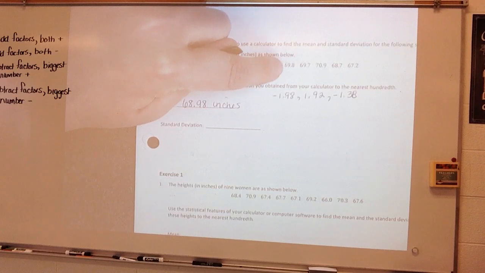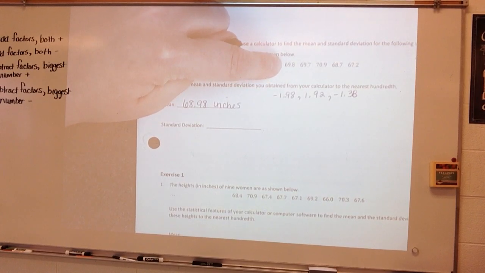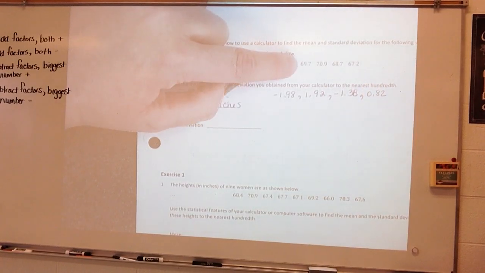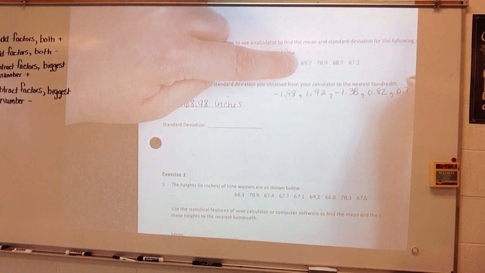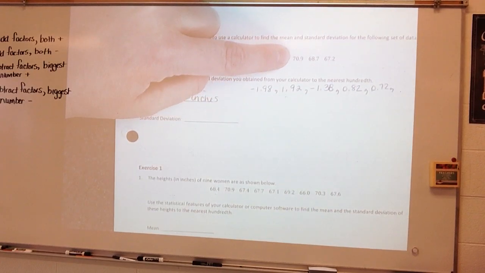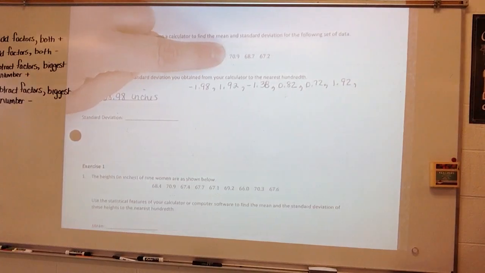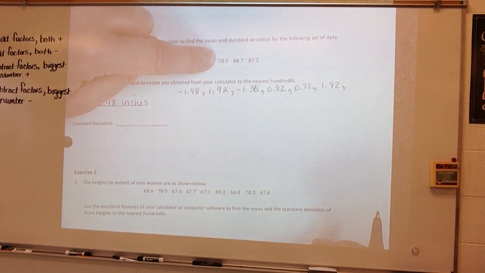So 69.8 minus 68.98 would be 0.82. 69.7 minus 68.98 is 0 and 72 hundredths. 70.9 minus 68.98 would be 1.92. Alright, my paper's running out of the camera screen there.